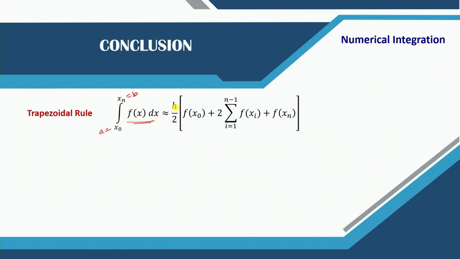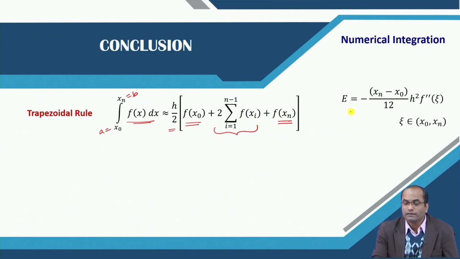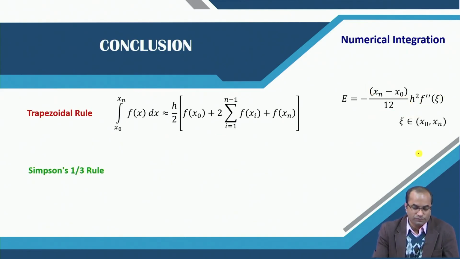And the formula is given here: h by 2, and we take f(x0) and f(xn), and all internal points will be just doubled. The error we have discussed is given by the difference (xn minus x0) divided by 12, and we have h square, the second derivative term.